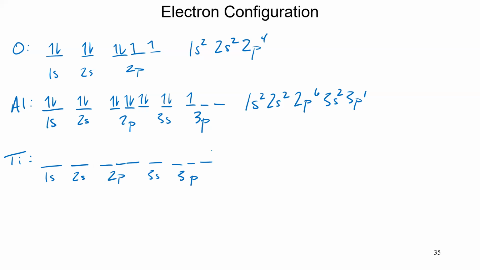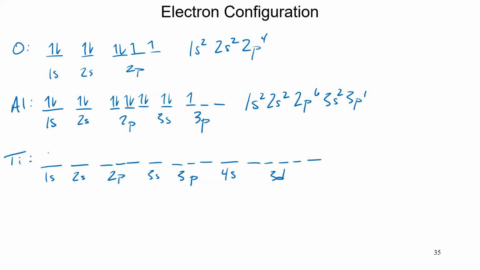If you remember our little diagonal trick, we go from the 3s to the 3p and then the 4s, and then we do the 3d. So the 4s comes here, 3, 4, 5. That's the 3d subshell.